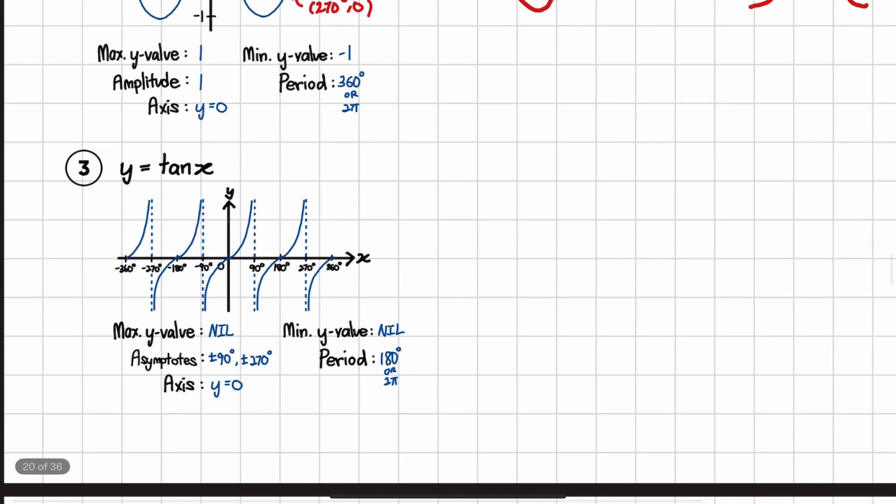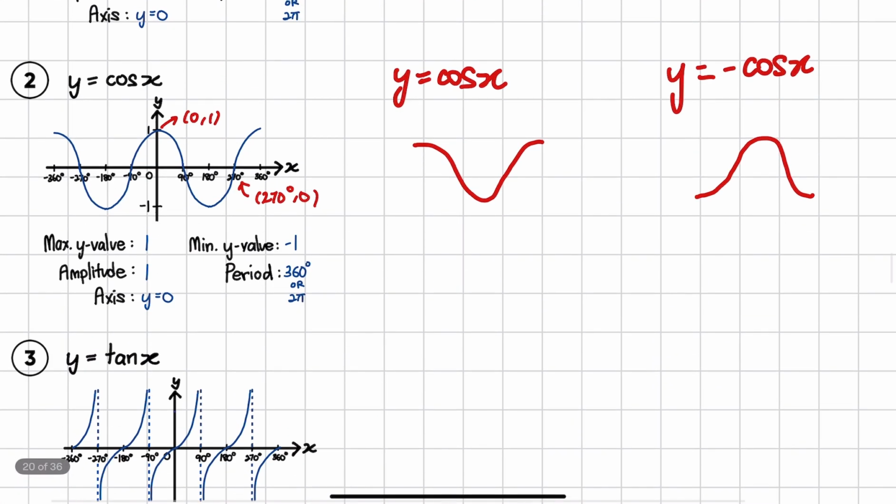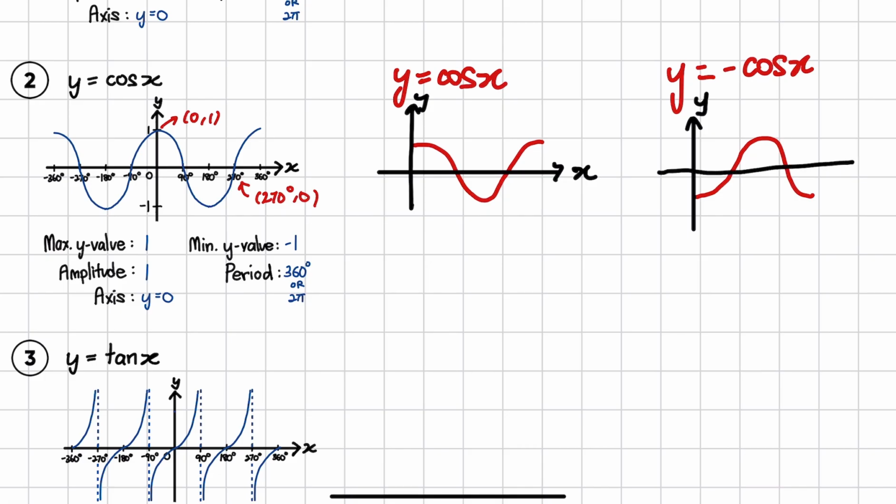And lastly, your tangent graph. To make it clear, I can just draw the axis so you can visualize better. This is how your graph should look. Usually it will start from the part where x is equal to 0 when you sketch your graph.